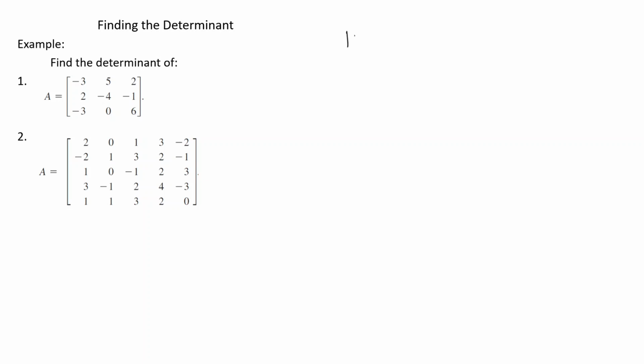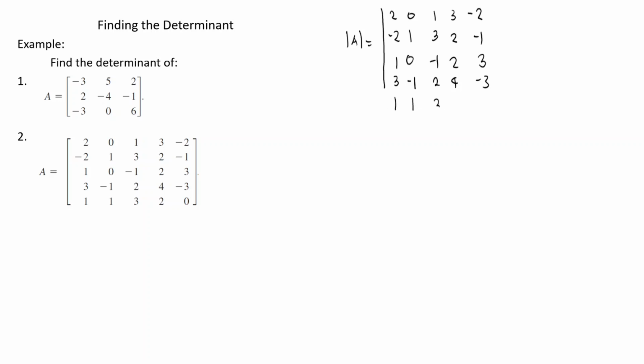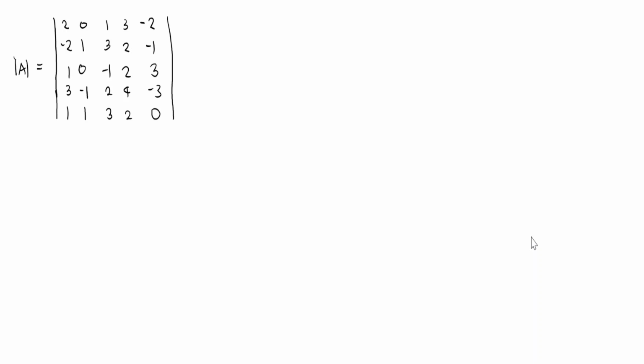We have determinant of A, we have 2, 0, 1, 3, negative 2, negative 2, 1, 3, 2, negative 1, 1, 0, negative 1, 2, 3, 3, negative 1, 2, 4, negative 3, and then 1, 1, 3, 2, 0. So we have here the 5 by 5 matrix A.